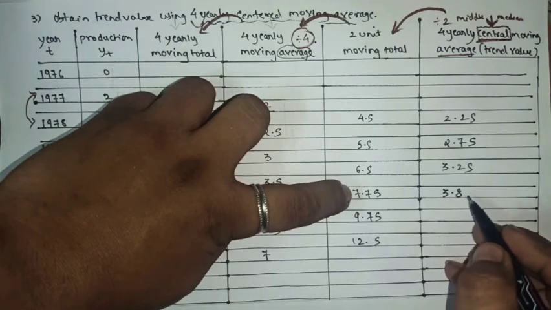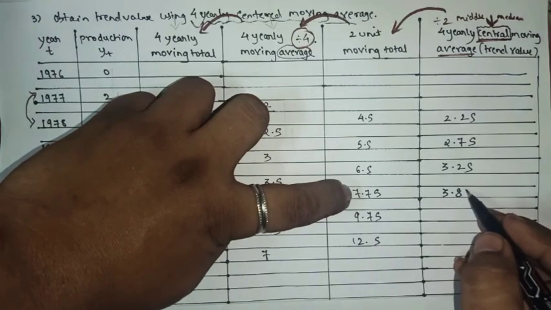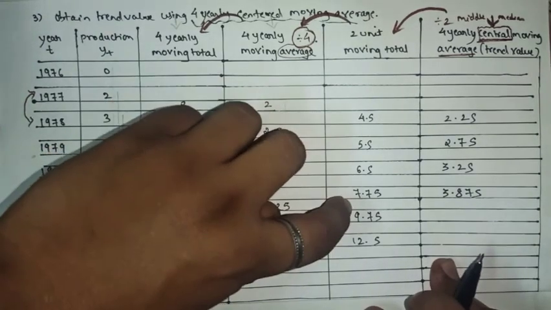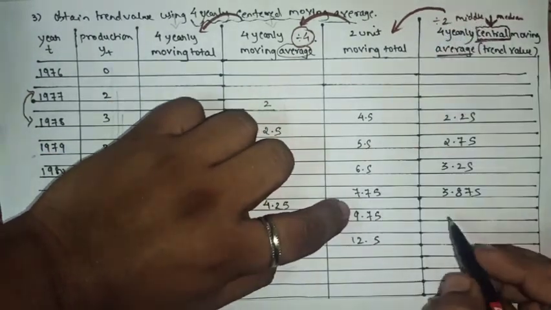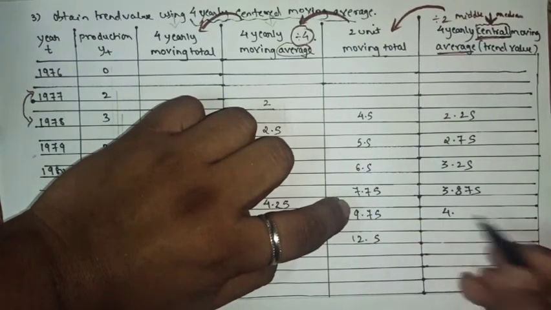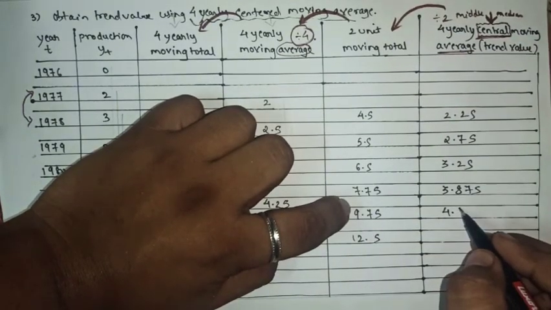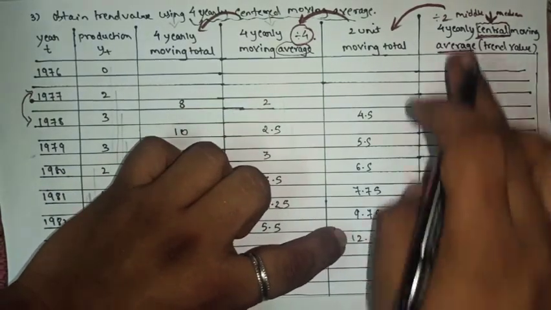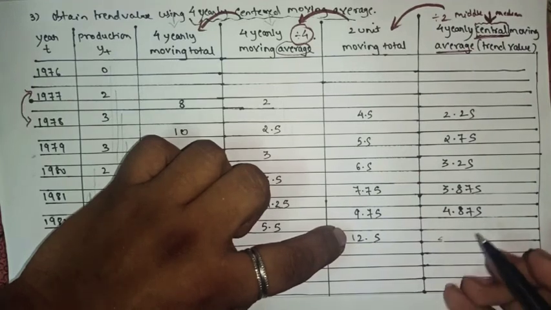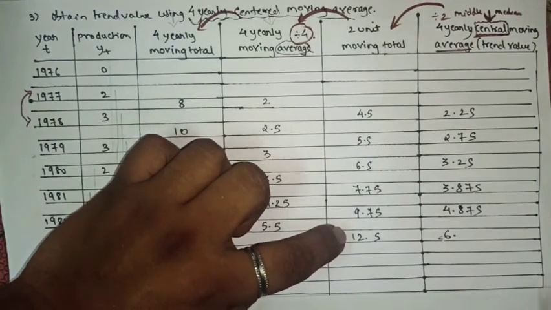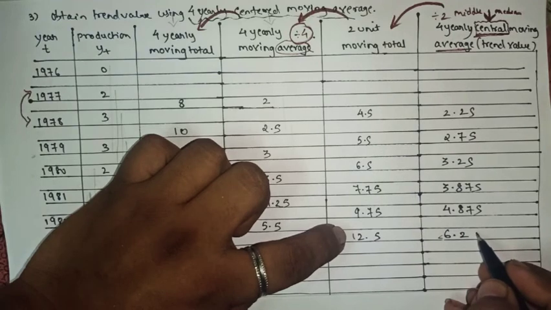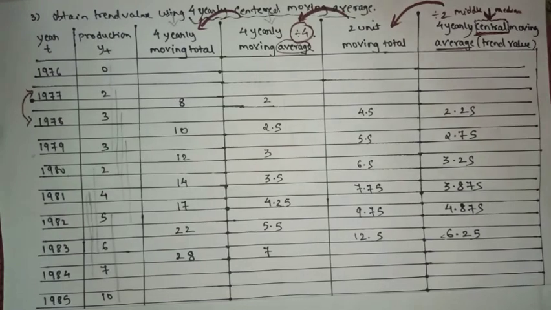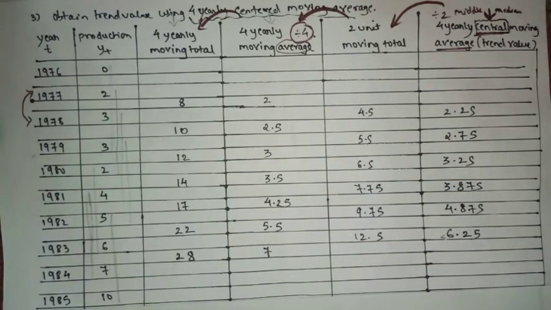Then 8 divided by 2 is 4, then 10 divided by 2 is 5. 9.75 divided by 2, so 2 fours are 8, so 4.875. 12.5 divided by 2, so 2 sixes are 12, so 6.25. Got the idea? So in this way you will find the answer.